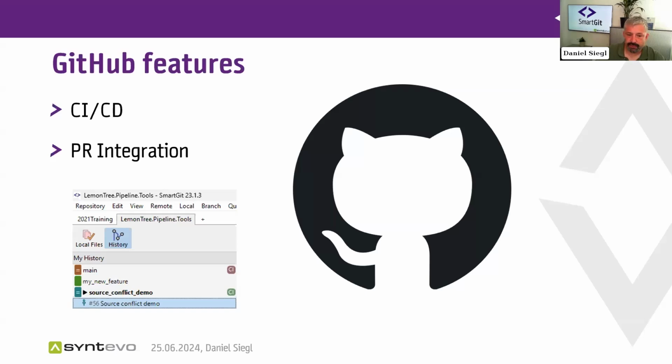What you can see in the screenshot, I have a red CI icon and a green CI icon. The red means my pipeline had some errors. The green means my pipeline worked out nicely. And you can also see directly below the feature branch, I can see the attached pull request in GitHub. If I double click, it will directly take me to the pull request in GitHub.